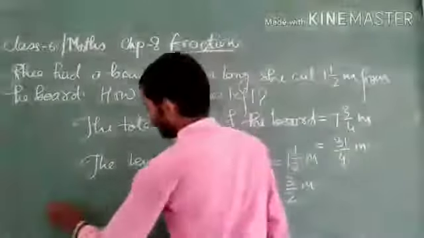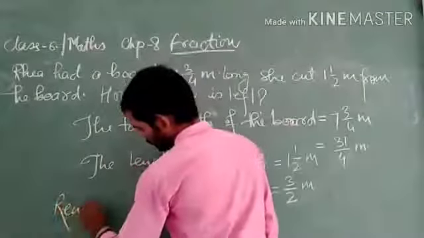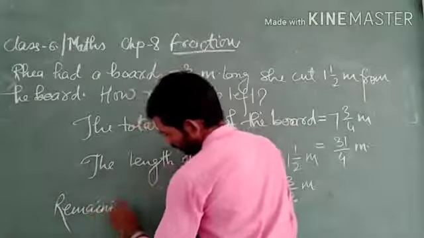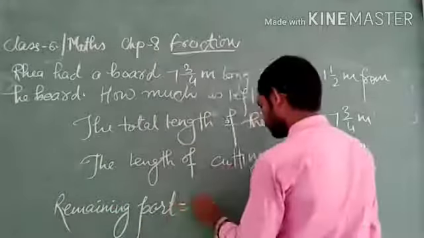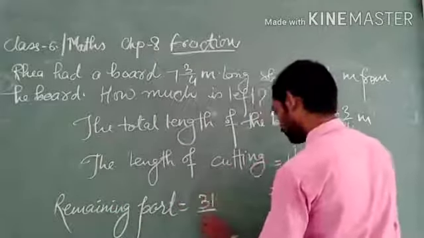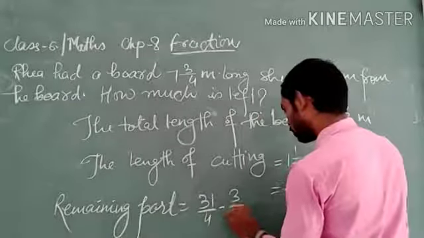So here we have to find the remaining part, and this will be equal to 31 upon 4 minus 3 upon 2.